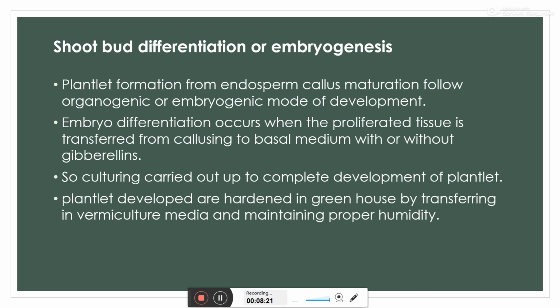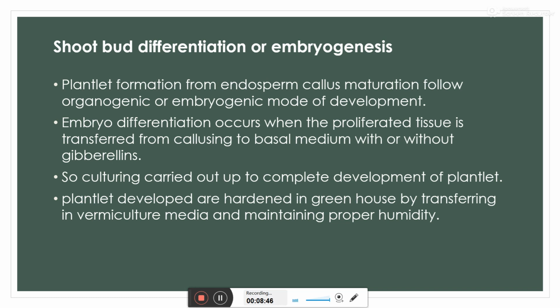Embryo differentiation occurs when the proliferated tissue is transferred from the callus to basal media with or without gibberellins. So after the callus formation, it is placed in another media that will help in differentiation and proliferation of tissue, and that media may contain or lack gibberellins.